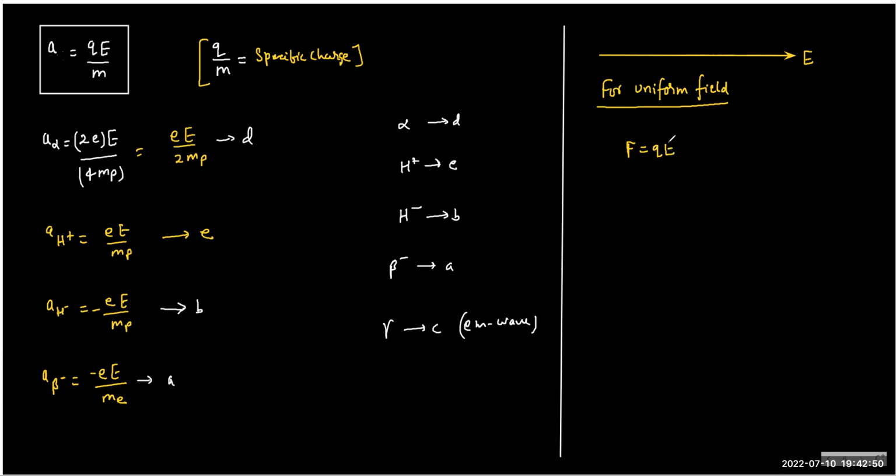When you say uniform, the Q into E becomes constant, isn't it? As long as you are part of the field, you will experience the same force. And the force will be the same not only in magnitude but also in direction, isn't it? So for uniform field, what can we say?